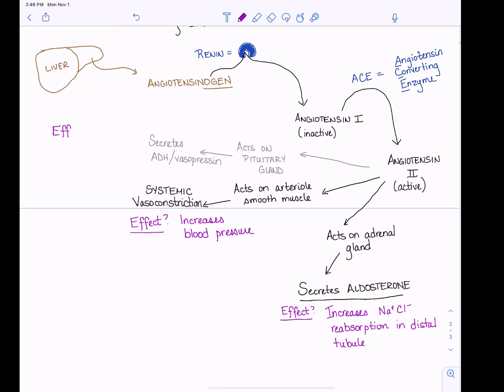Secreting antidiuretic hormone or vasopressin helps with water reabsorption in the collecting duct. By putting more water back into your bloodstream, you increase the blood volume and therefore also increase the blood pressure. So angiotensin II has a variety of effects that all collectively aim to help increase blood pressure.